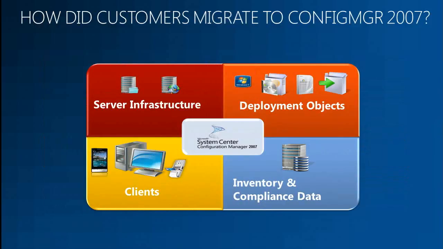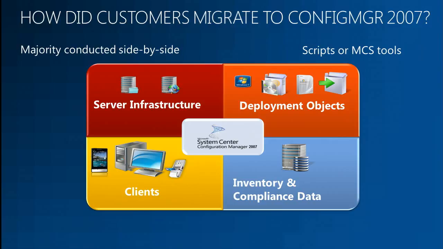Looking back a couple of years ago, when we started thinking about Config Manager 2012, we did a lot of customer-focused design visits trying to understand how customers migrated from SMS 2003 to 2007. What we found is the majority of customers did side-by-side migrations, and they used that as an opportunity to do an OS or hardware refresh. With that come some challenges.